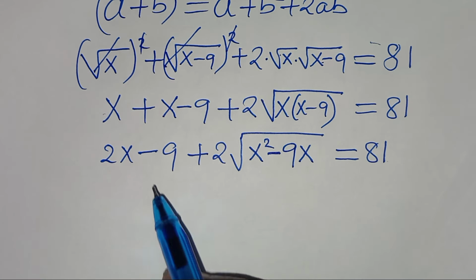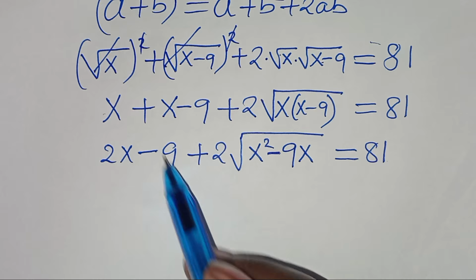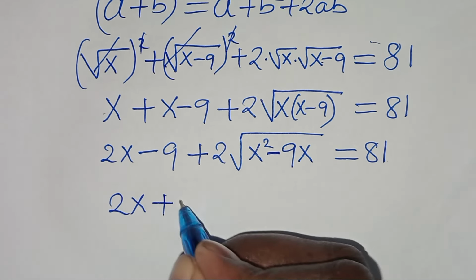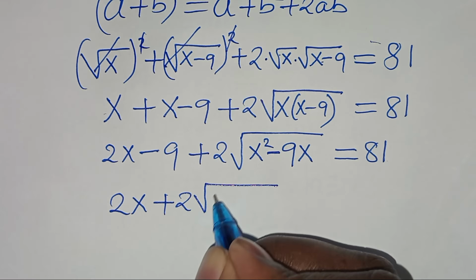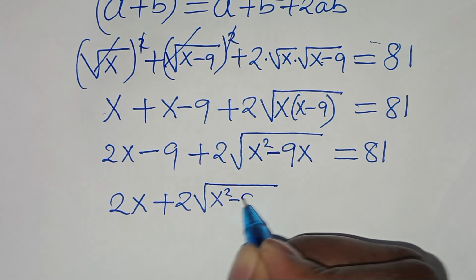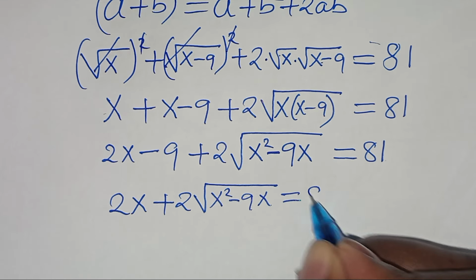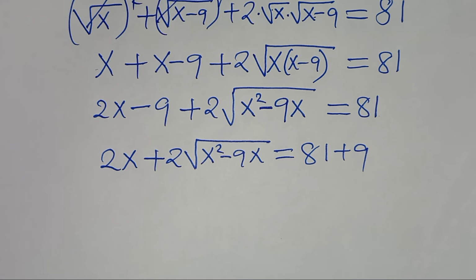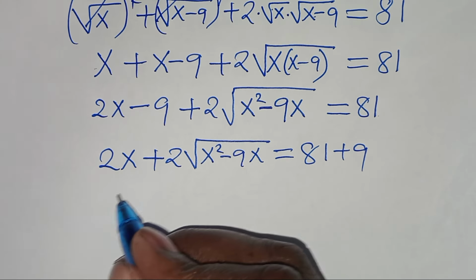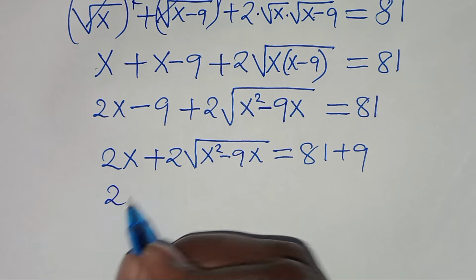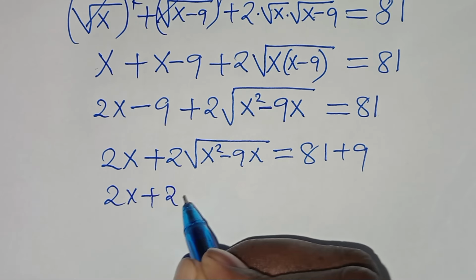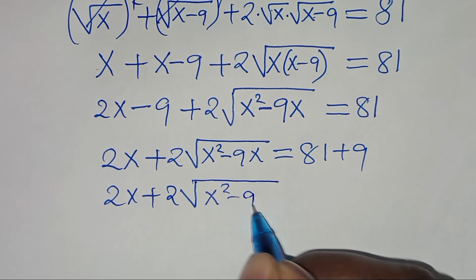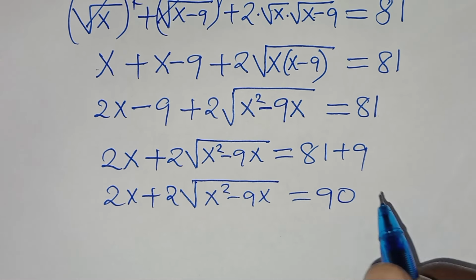The next step is to take minus 9 to the right hand side, so that we have 2x plus 2 square root of x squared minus 9x equal to 81 plus 9, which is 90.